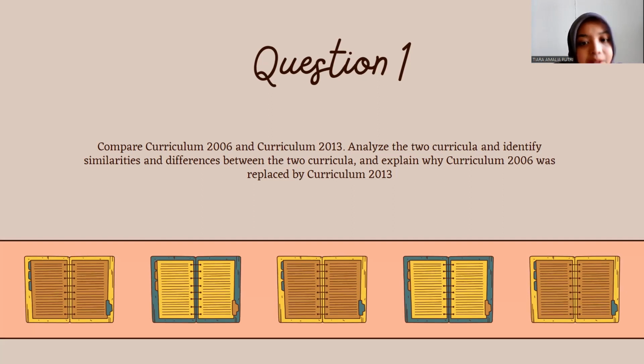The K13 emphasized students being able to better observe, ask, reason, and communicate what they get during learning. While in the KTSP curriculum, students are given material by the teacher continuously, which makes students less active and lacking in critical thinking. This curriculum change is also a preparation for students in facing the rapid development of the times so that students can compete in the future.